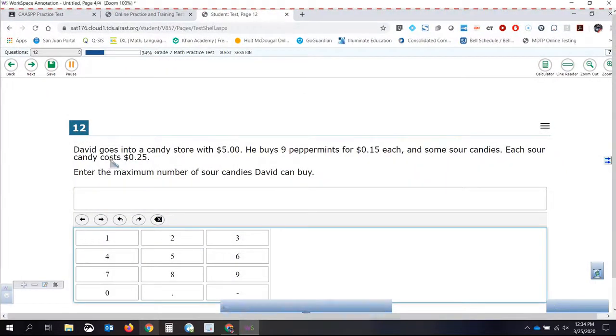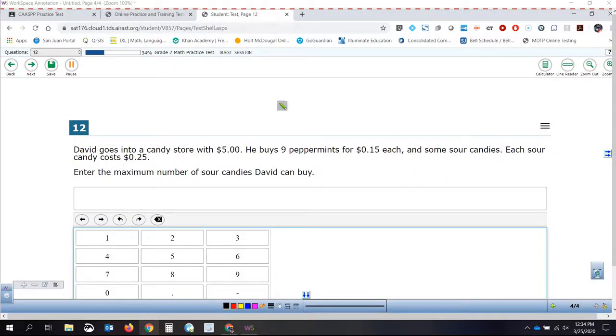All right, so let's take a look at this, reading carefully. David has a total of $5. If he has a total of $5, then that means he must spend less than or equal to $5. Well, what is he spending it on?